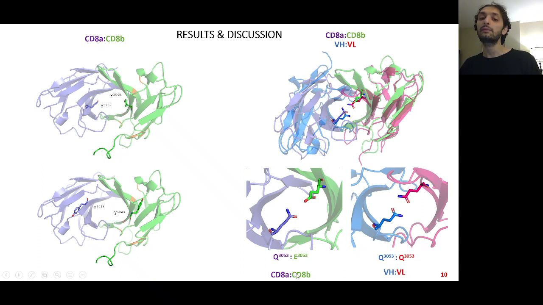Whereas in the CD8 alpha, they do hold the same place with respect to the chain, but they are different but similar residues. So you can see that here in the VHBl, they are oriented very perfectly with one another, and the axis of symmetry of the two chains actually goes through these two contacts.